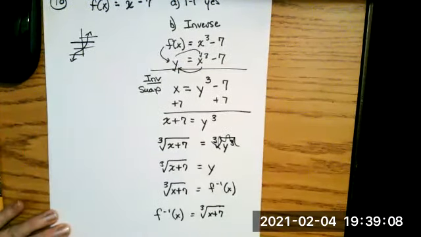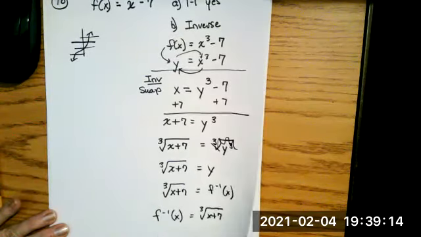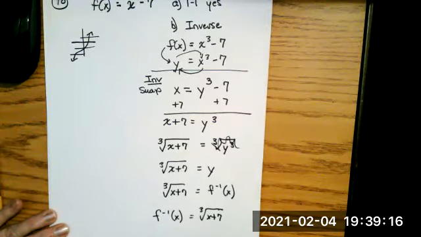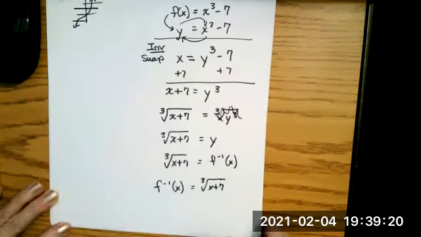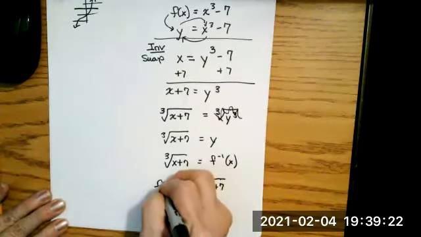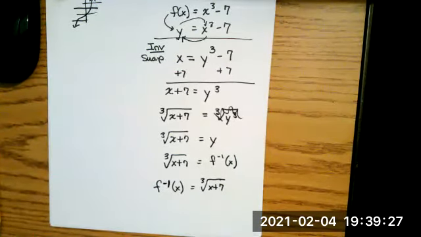That's minus 7. Those undo each other. Okay, any questions? What's the bottom? You just did f. Okay, yeah, that's what I needed to see. That's that little inverse notation. It's a little -1 up there. f to the -1 of x, which is f inverse of x.